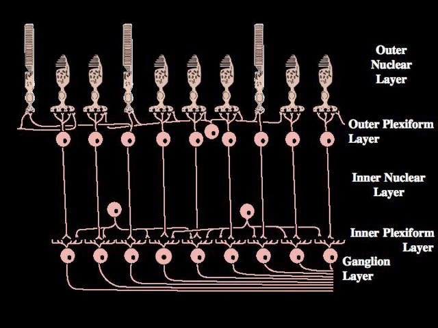And these are the cells that we're going to talk about to start with, to talk about how those cells construct the beginnings of the visual image and what information those cells carry up to the central nervous system.